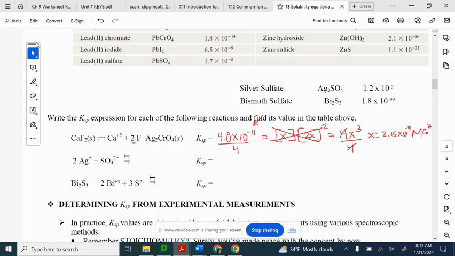What do I do for the fluoride ions then? How do I solve for the fluoride? Yeah, I have to multiply this by 2, and that'll give me the molarity of my fluoride. That make sense?